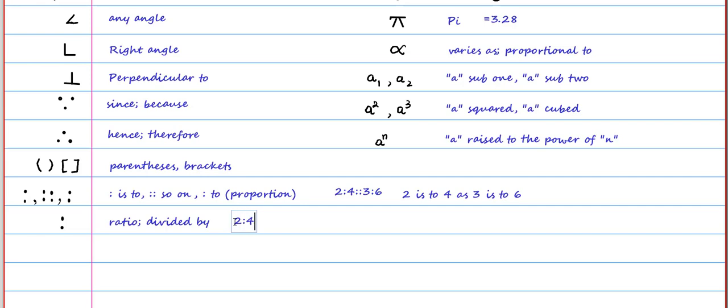What does this mean? This means ratio of 2 to 4. Either you can write it as 2 divided by 4. This is the same thing.